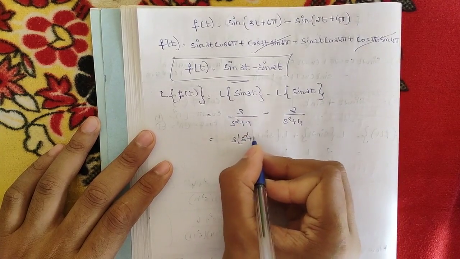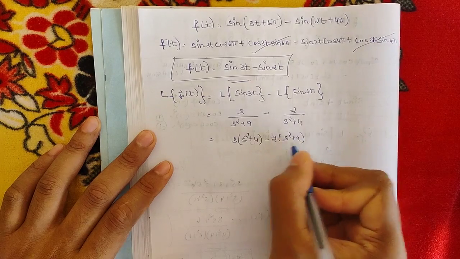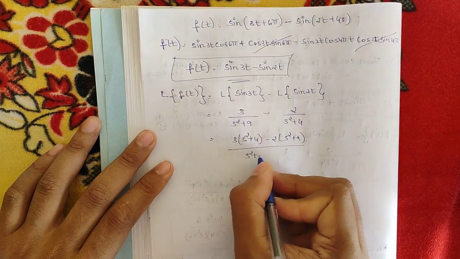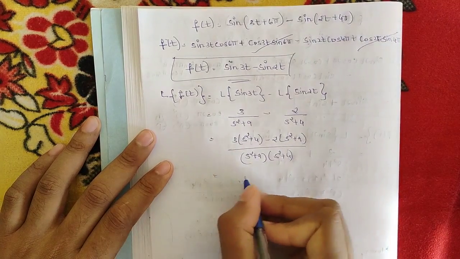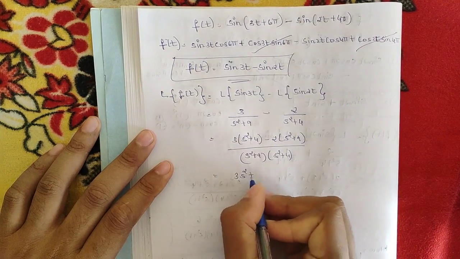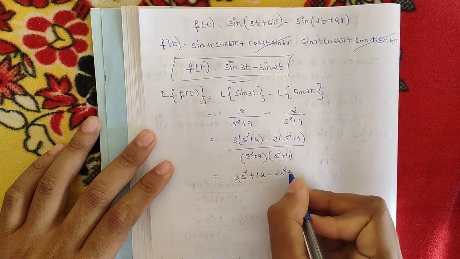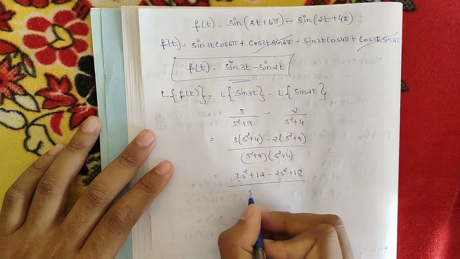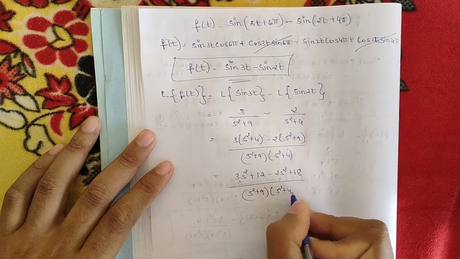3 into (s square plus 4) minus 2 into (s square plus 9), divided by (s square plus 9) into (s square plus 4). If you solve it, you would get 3s square plus 3 fours are 12, minus 2s square plus 9 twos are 18, divided by (s square plus 9)(s square plus 4).